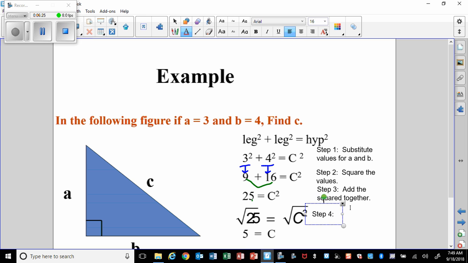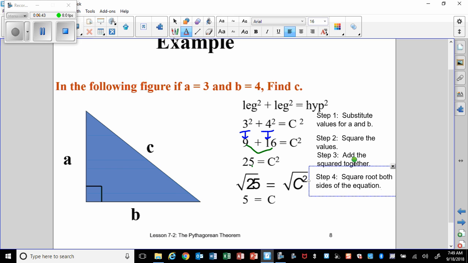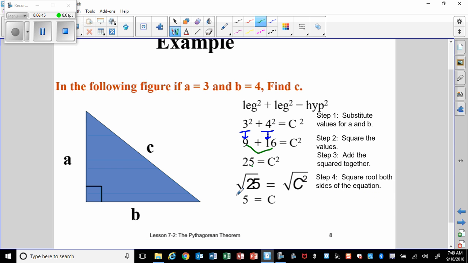So step 4, square root both sides of the equation. And that's going to leave us with C by itself, and our answer, which is the square root of 25, is 5. In other words, 5 times 5 equals 25.